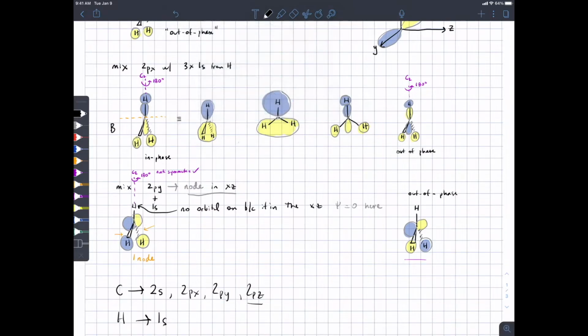I guess one thing I neglected to do when we were talking about this orbital that comes from the 2py is to draw what it would actually look like. And if you were to draw this orbital, you would see a lobe that sort of hovers above the carbon and encompasses that hydrogen, and another lobe that hovers below the carbon and encompasses the hydrogen in the back.